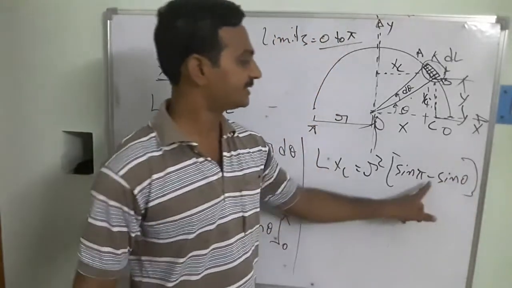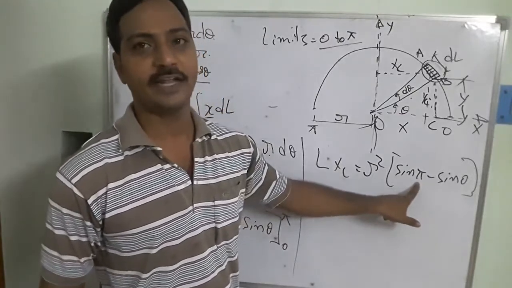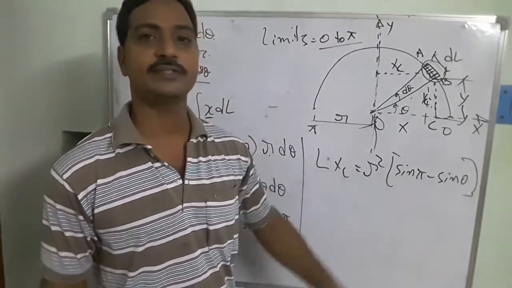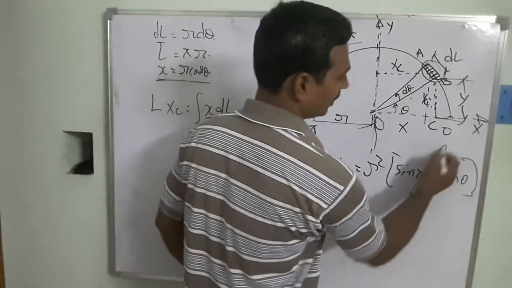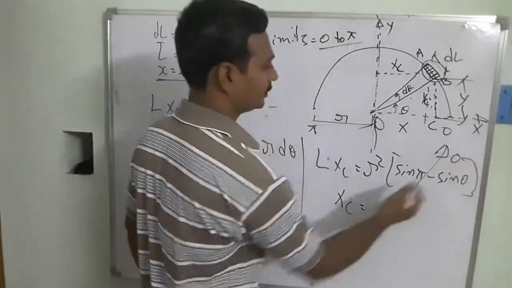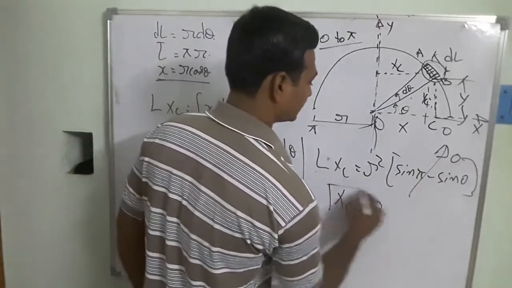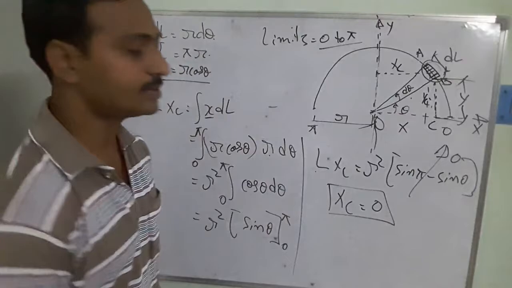Right? In this case sin 0 is equal to 0 and sin pi is equal to 0 as well. Then this total parameter will become 0. So xc is equal to 0 times r square divided by L, which is 0. Finally xc I got it, 0.